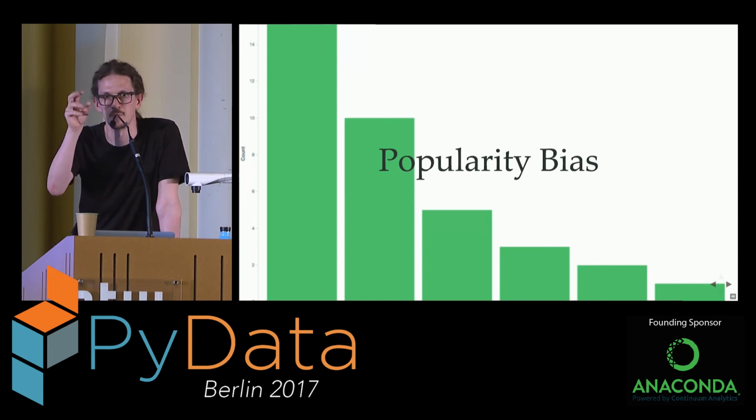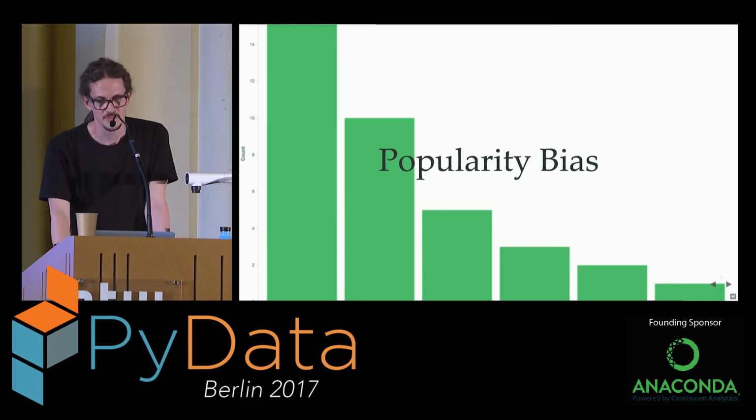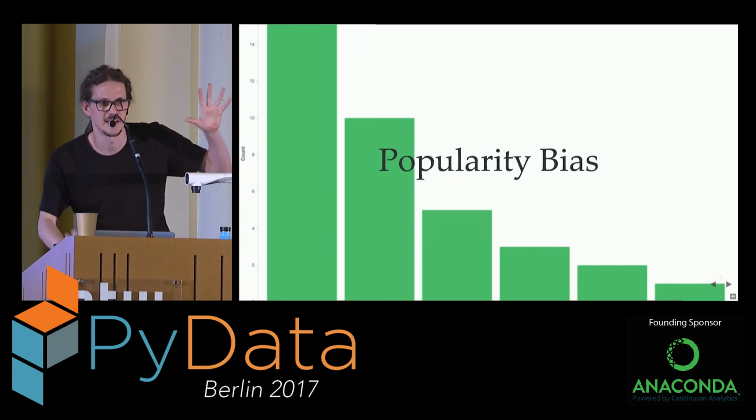So if we just randomly sample from the data that we have, there's a huge popularity bias, and we wouldn't get good cars that cover the entire car space, right? We want good representatives of the data that cover the entire space.